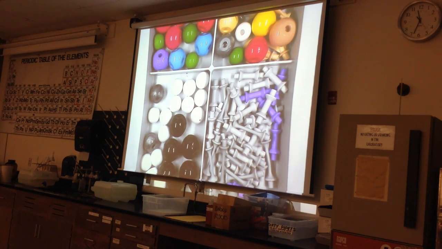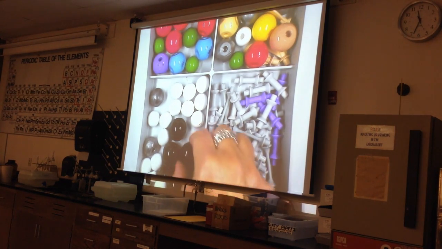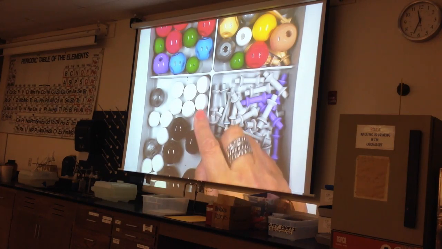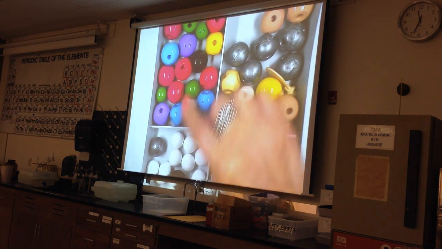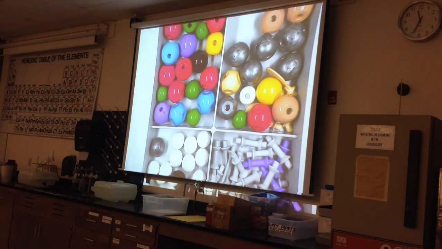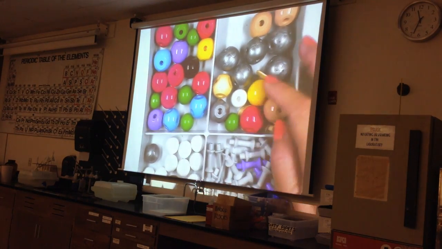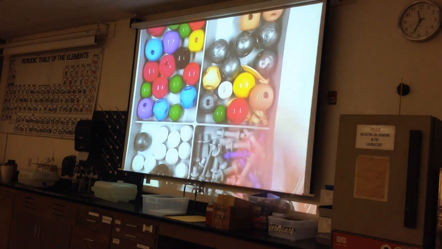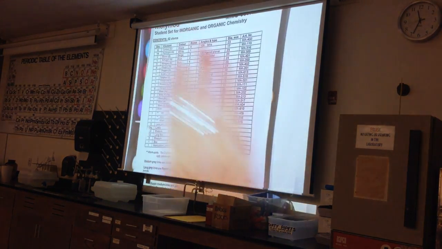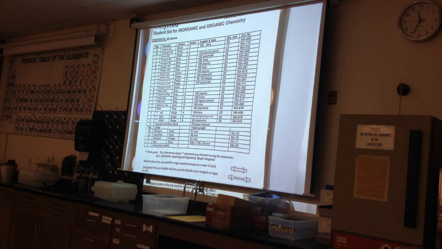You can see that we're like customizing everything. The black will be the carbons, the white are your hydrogens, the red are the oxygen, the blues are the nitrogen. Yellow is usually sulfur, but we don't go there. Green are chlorine, so, and they have, of course, in case you didn't know, they have the table of content over here to figure it out.